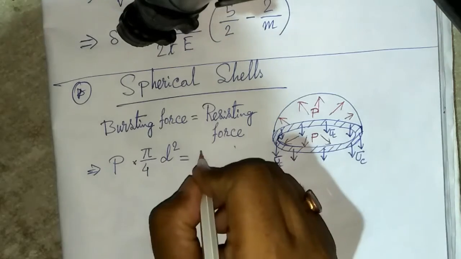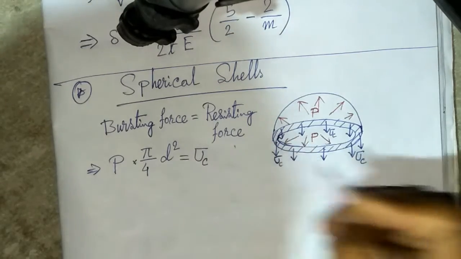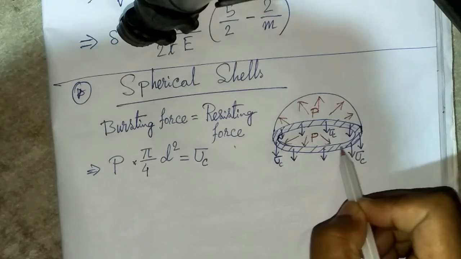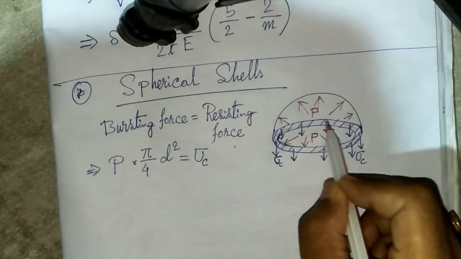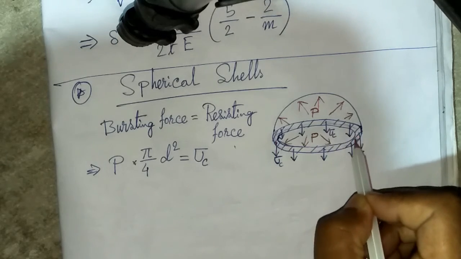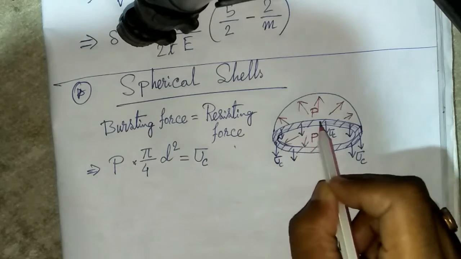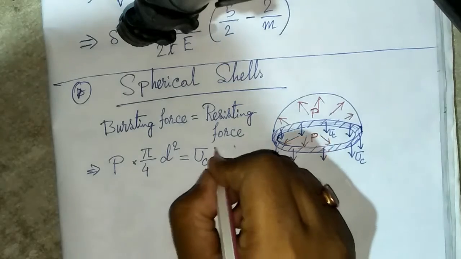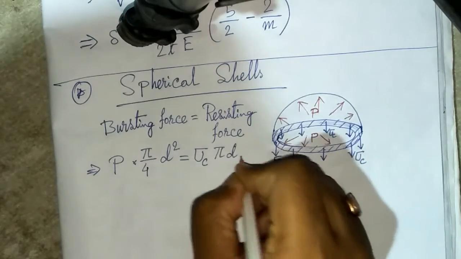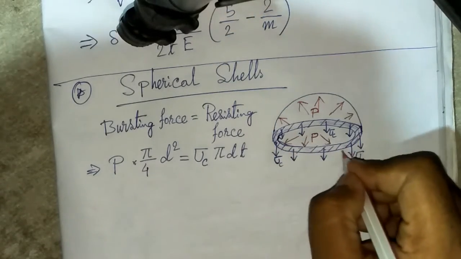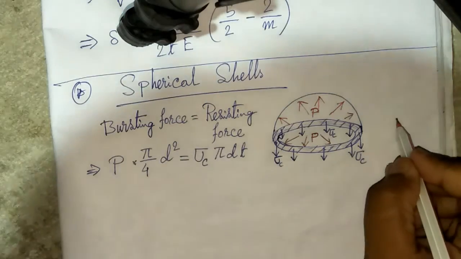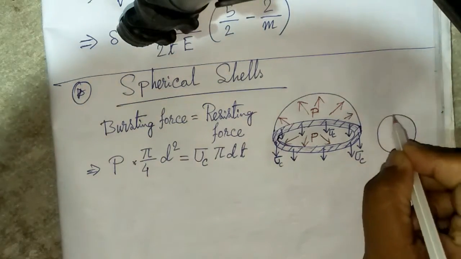Resisting force equals sigma c, the circumferential stress, into the area of the material in this cross section. The material area is pi d into t, because t is the thickness of the material.